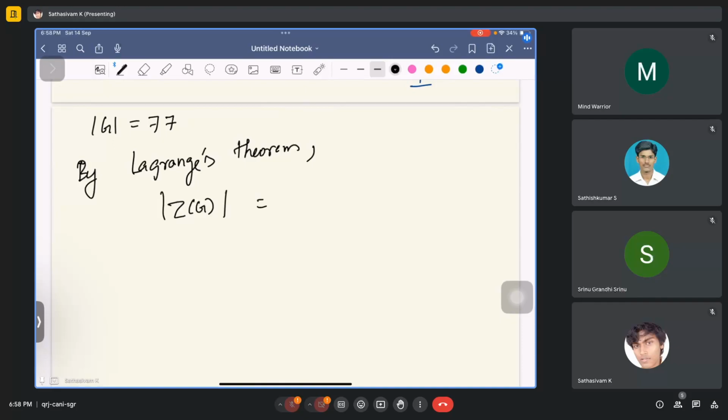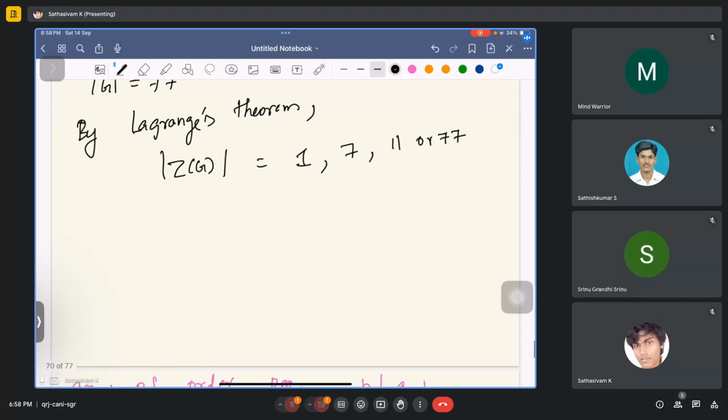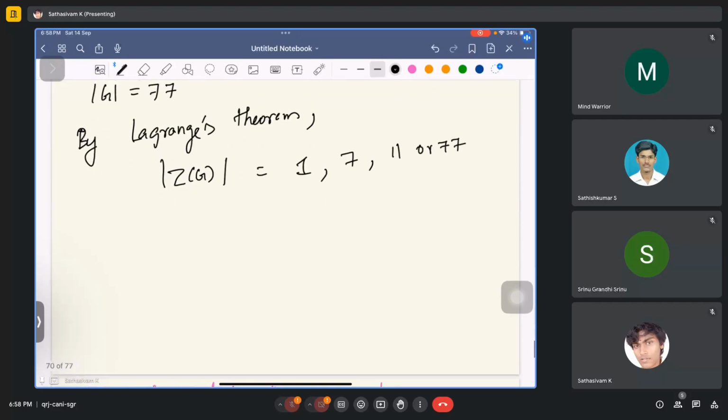So let's compute the center. The center is either 1, 7, 11 or 77, right? Now again we go with the same thing. If the center of G is either 7 or 11, then G by center has order 11 or 7.